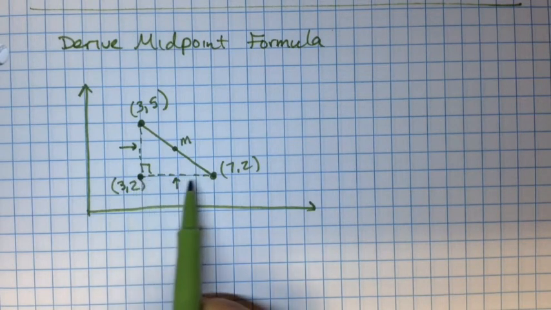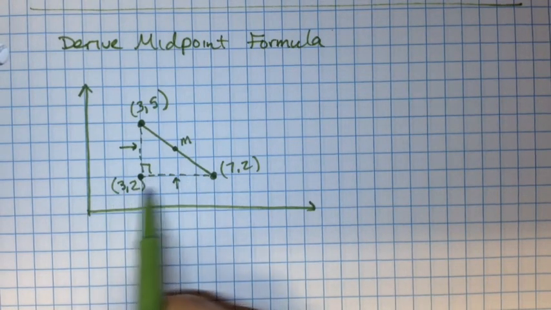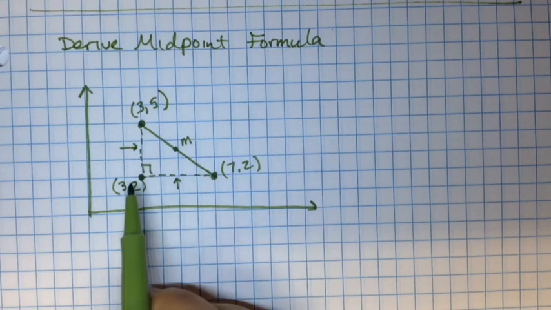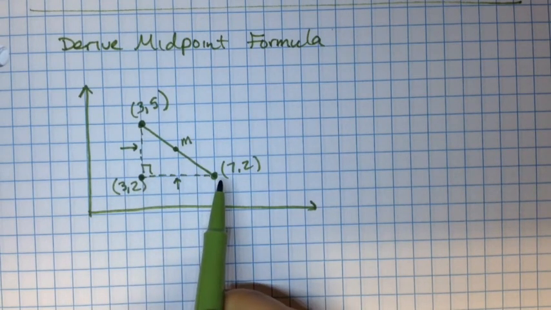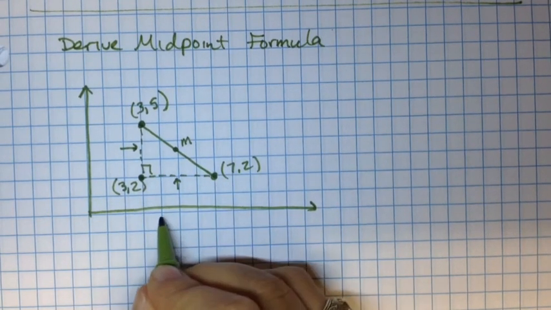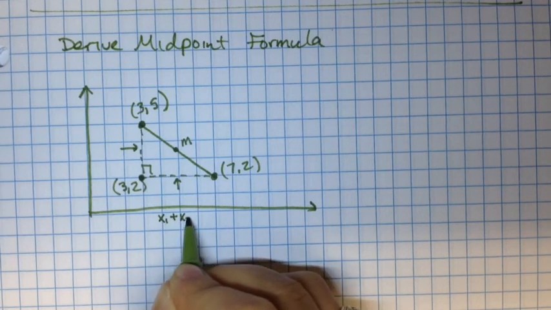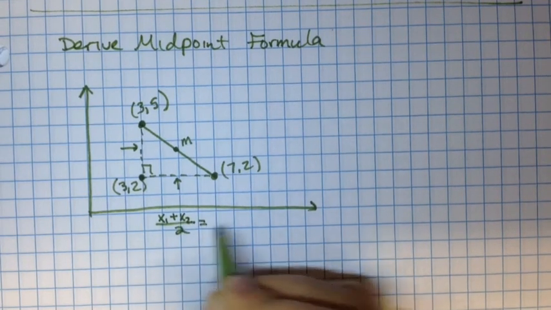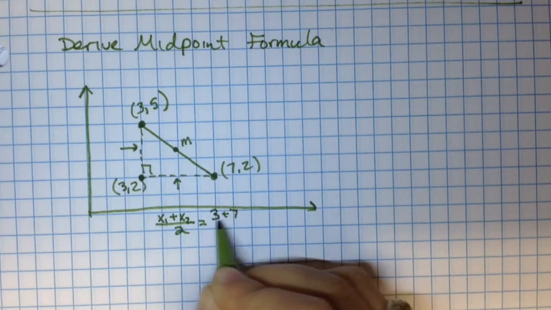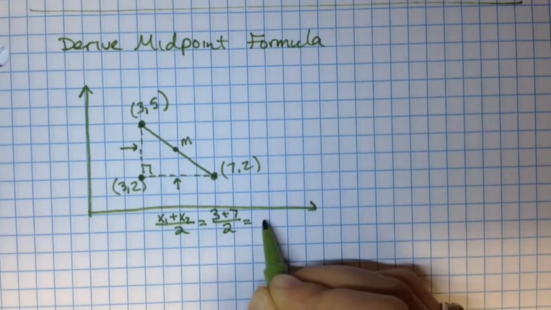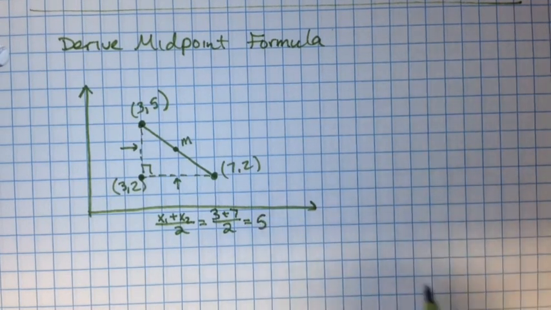This is the average, or halfway between 3 and 7. What is halfway between 3 and 7? If you don't know how to do that, you would just take the first number plus the second number and divide it by 2. Or in this case, 3 plus 7 divided by 2 gives me 5.